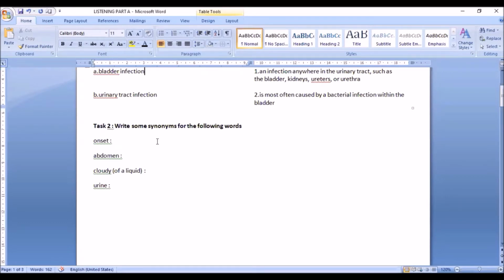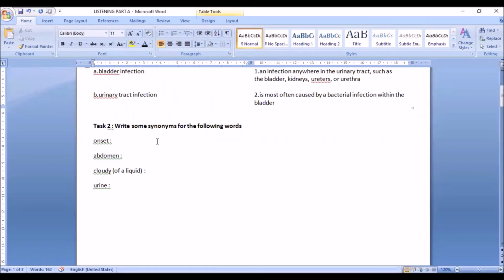How do children refer to it when they say it? So children say wee, yeah, not only children, of course, but they use this term, wee, okay. So, yep, these are some synonyms.